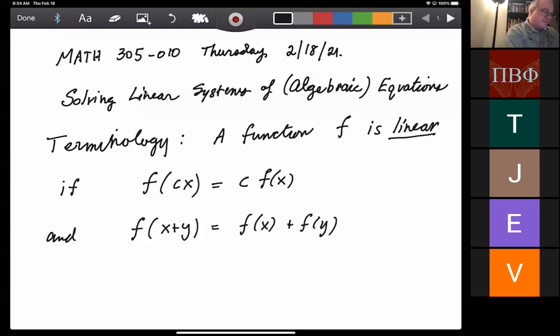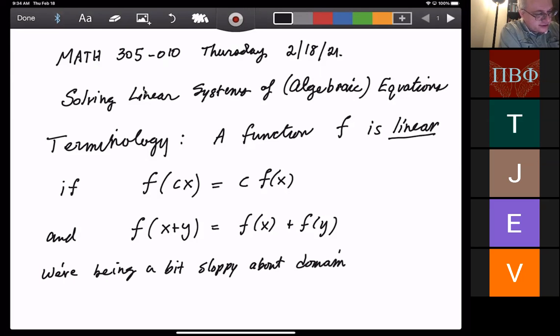Okay, so we're being a little sloppy here about the domain and range of this function, because linearity is a concept that makes sense in many different contexts, and it's a little bit technical to try to do this precisely. So I just want you to get the sense here.